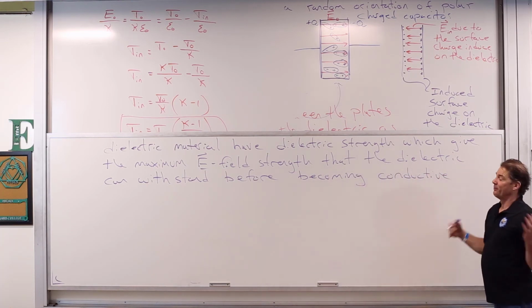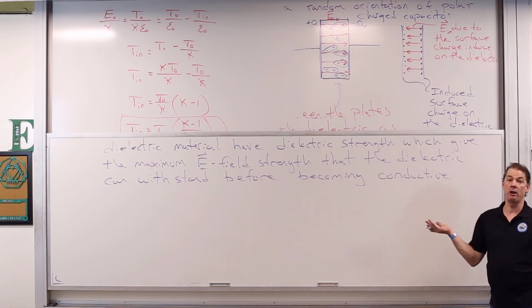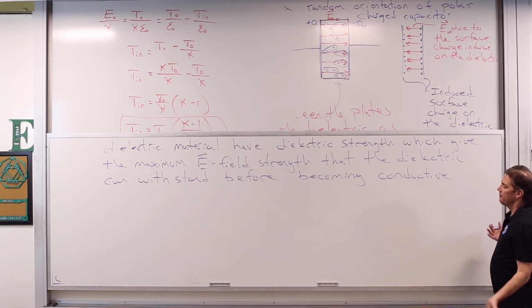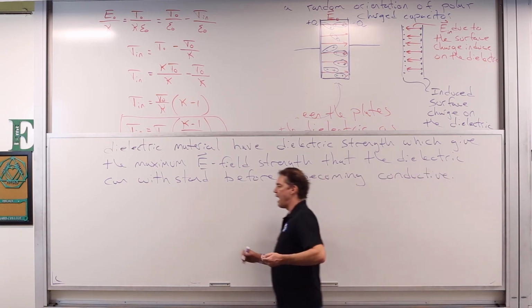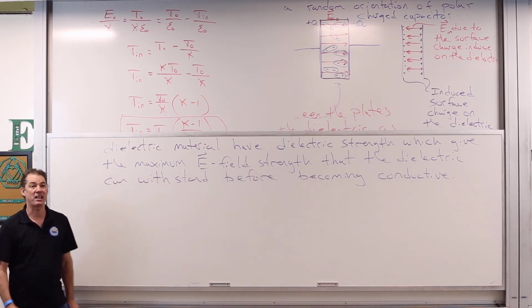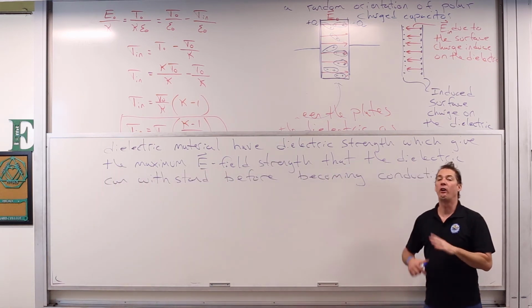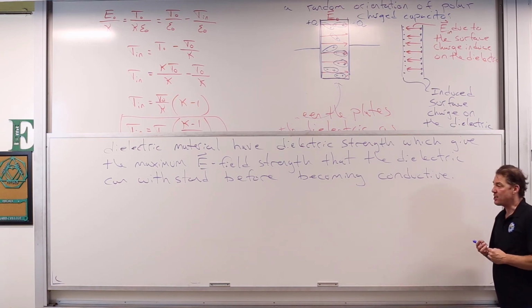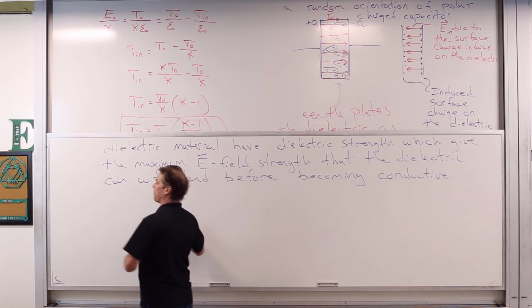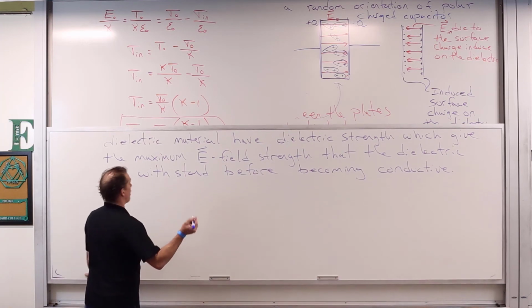Becomes conductive, what happens then? Well, you exceed the dielectric strength, it becomes conductive, and it discharges itself. And it's basically no good anymore. That's it. So it's something that you have to be aware of when you have capacitors, dielectrics, and such things. There's some maximum potential difference that correlates with some maximal electric field strength that you can't exceed. If you exceed it, the dielectric within the capacitor undergoes dielectric breakdown, and it's not a capacitor anymore, or at least it's not charged.